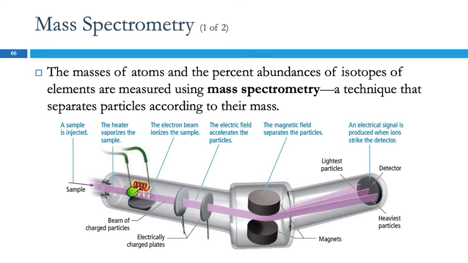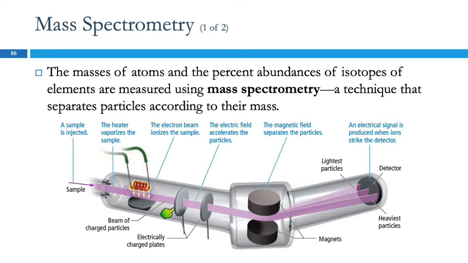Then it comes through here where there's an electron beam that ionizes the particles. So we're shooting electrons at it, and some of those are going to stick and make charged particles out of these guys. We want charged particles because then we can use an electric field to accelerate the particles. We want them moving faster and in the same direction.